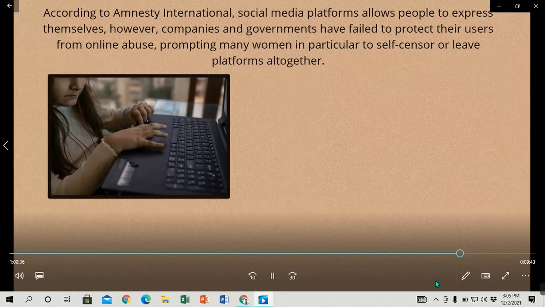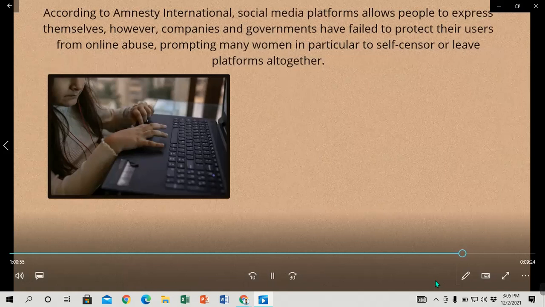Still, companies and governments have failed to protect their users from online abuse. With social media being public and open to everyone, negative issues and concerns have also been taking place on this platform.